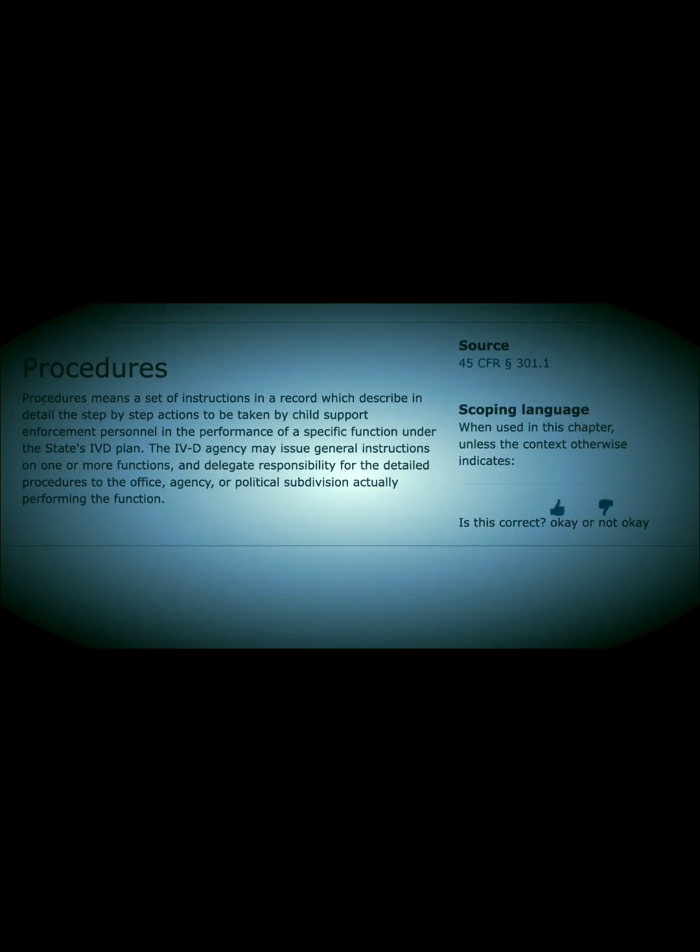4, 5, 6, 7. Procedures under which a voluntary acknowledgement must be recognized as a basis for seeking a support order without requiring any further proceeding to establish paternity. Okay, so what you have to understand is procedure means a set of instructions in a record which describe in detail the step-by-step action to be taken by child support enforcement personnel in the performance of specific functions under the state 4D plan.